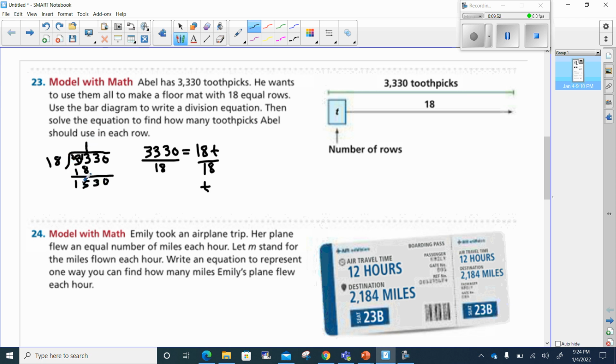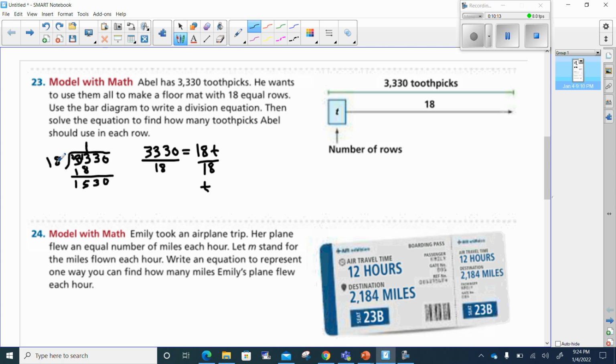Now, how many times is 18 going to go into 153? I'm just going to guess here, because 18 is almost 20, that I could take 18 and put it into 15 7 times. So I'm going to try that. I might even be able to do it 8 times.